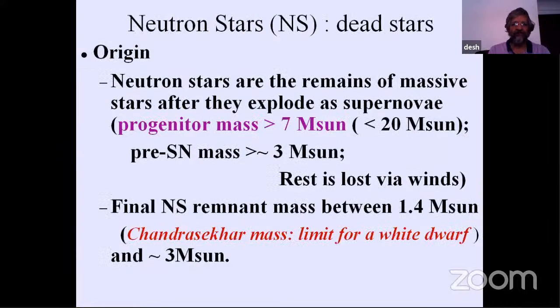Now there was a statement saying progenitor masses typically greater than about 7 solar masses or less than about 20 solar masses lead to neutron star formation. Now, how do we know that?